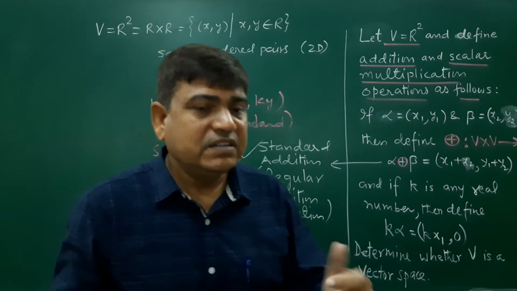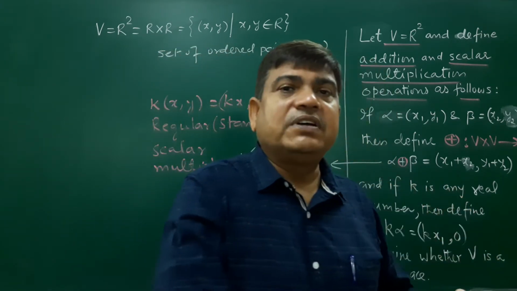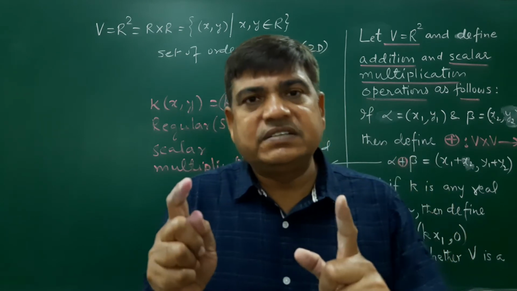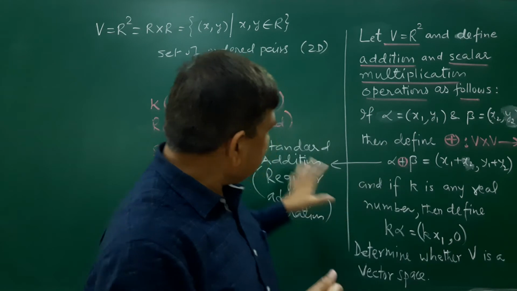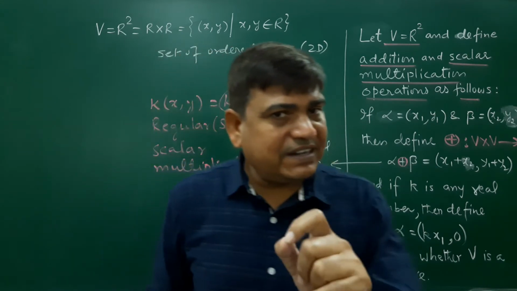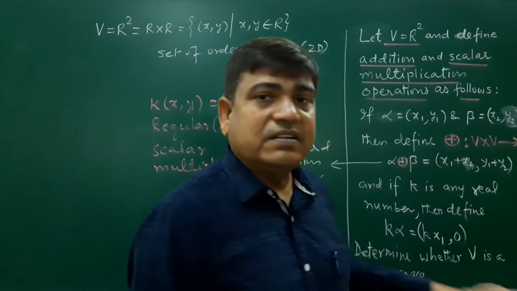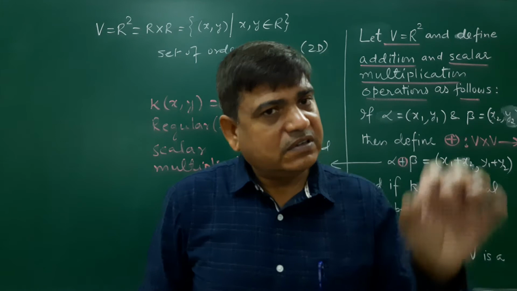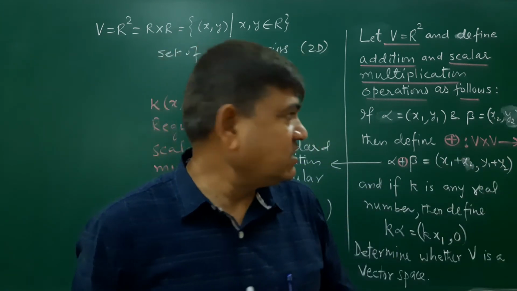This we have done in the same example, but with the help of ordered pairs. Similarly, it is done with the help of a matrix and a number. Similarly, this can be done with the help of a number and a vector quantity that we have defined in vector algebra.